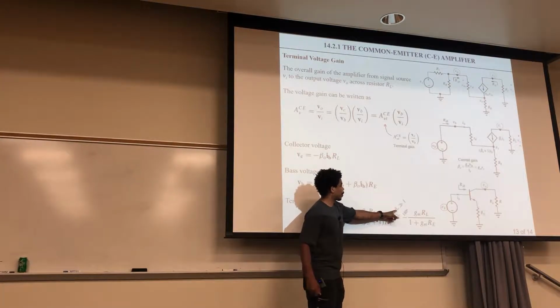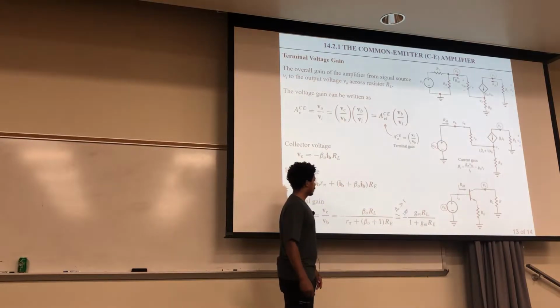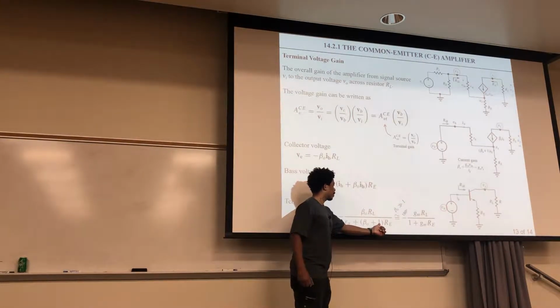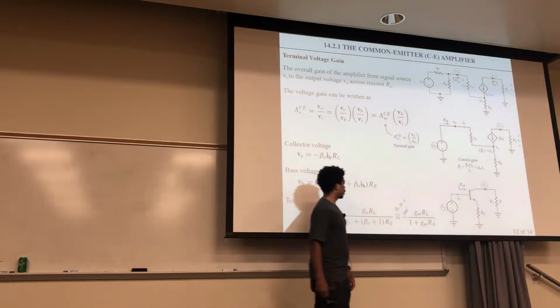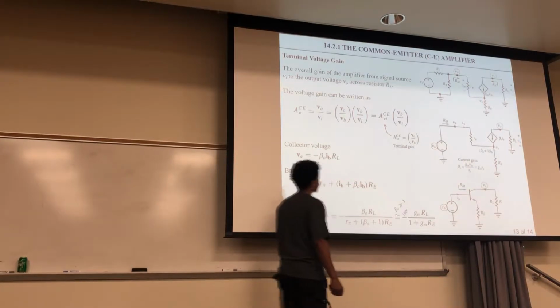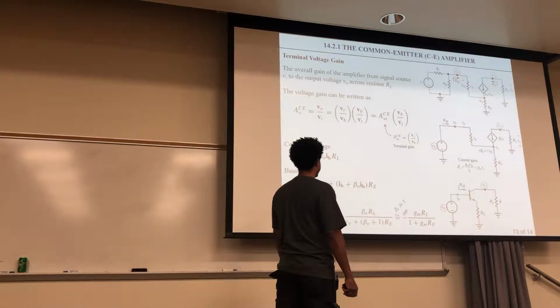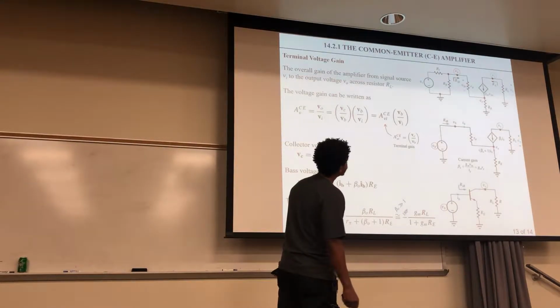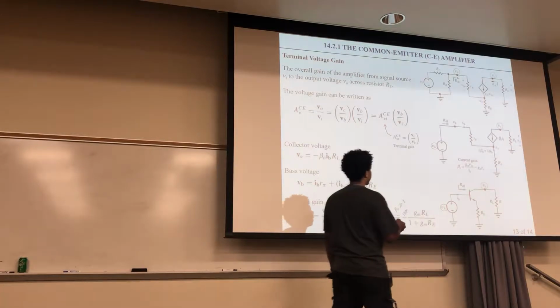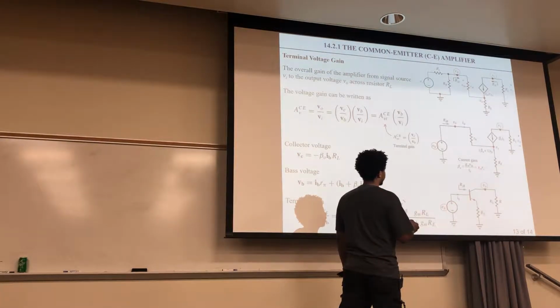And if you assume your current gain is much, much greater than 1, then you can forget about that one right there. And also you can assume that this beta is equal to the transconductance times the input resistance.